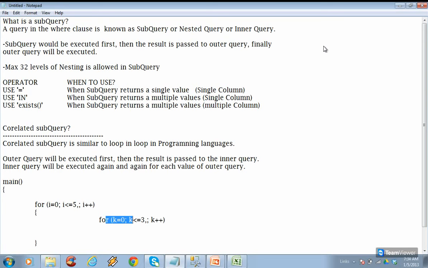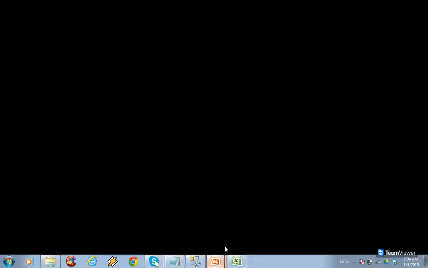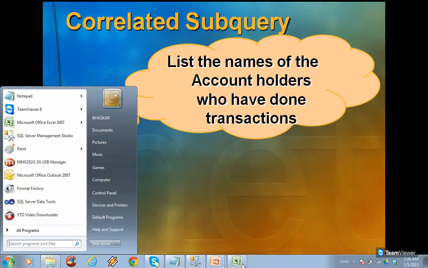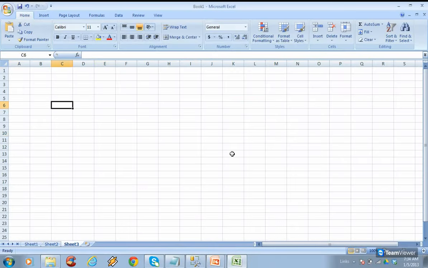Now let me give you a simple example where this would be useful. List the names of the account holders who have done transactions. So for example, I have an account master table with account ID and name. Let us say we have 101, Ram, 102, and 103, Lata.